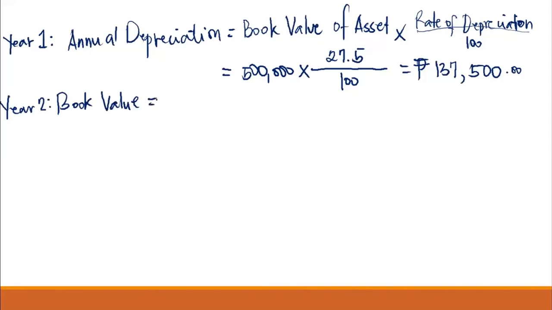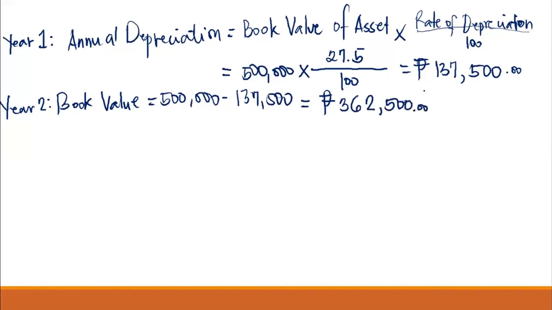So, ito yung difference ng book value of the asset tapos yung annual depreciation. Okay, kunin lang natin yung difference. 137,500. So this is equal to 362,500 pesos. Yan yung book value niya on the second year.